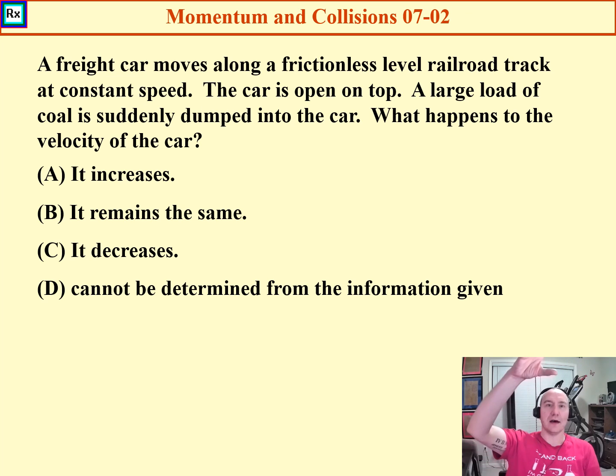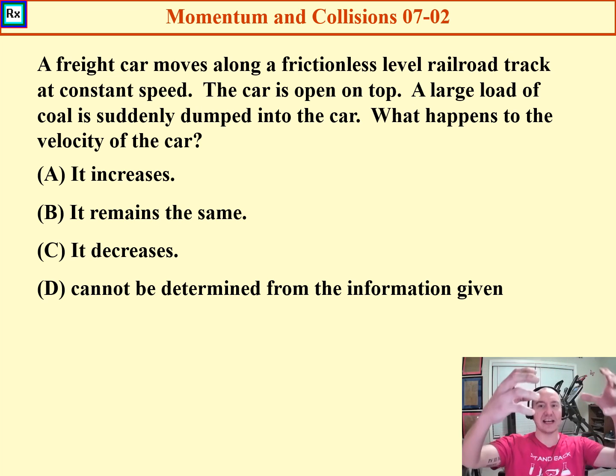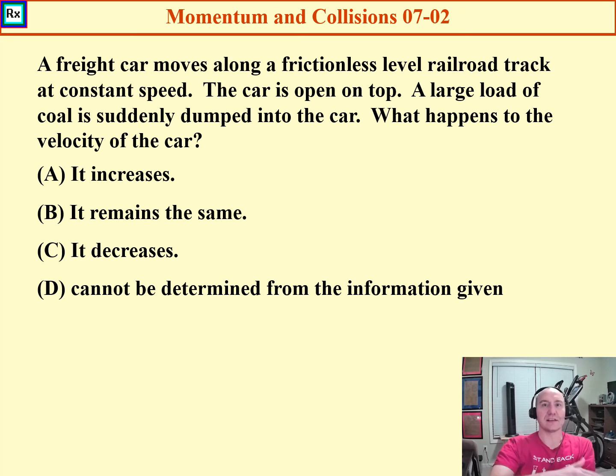So the coal that comes down initially has momentum, and because the ground is there and it hits it, then everything stops. So it loses momentum, and momentum is not going to be conserved because you had momentum before vertically, and then you have zero momentum after.